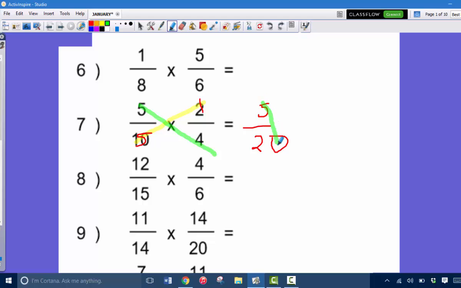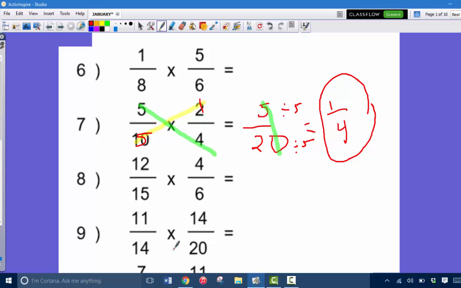Taking a look at the end numbers, 5 and a 0. 5 and 0 are multiples of each other. 5 will go into 5 1 time. 5 will go into 20 4 times. So my final answer then becomes 1/4.